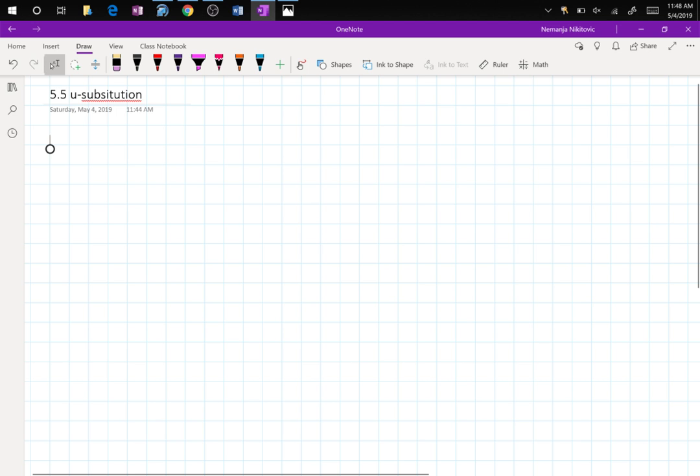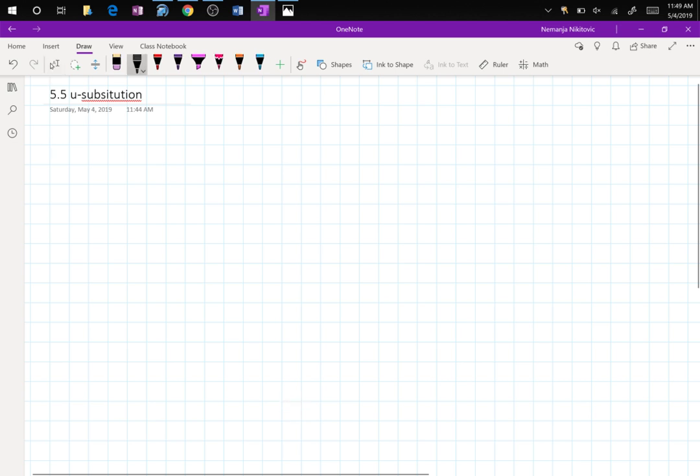And the U sub is used when you don't have the basic integral, but you can transform your problem into a basic integral by using U substitution.